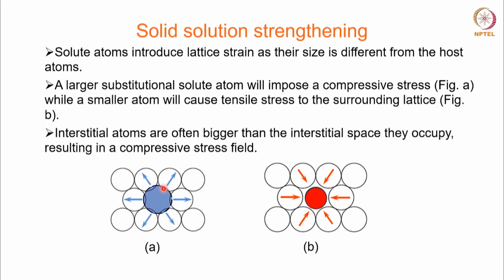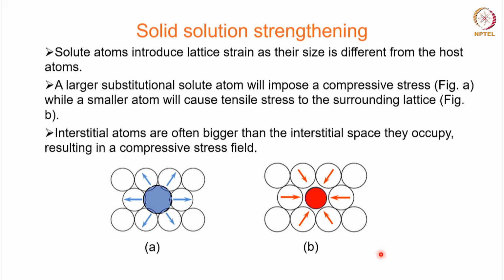One, the solute atom is bigger than the parent atom, and second, it is smaller than the parent atom, right? In either case, it will induce a lattice strain, because the size does not match the size of the parent atoms. So, solute atoms will introduce lattice strain as their size is different from the host atoms.